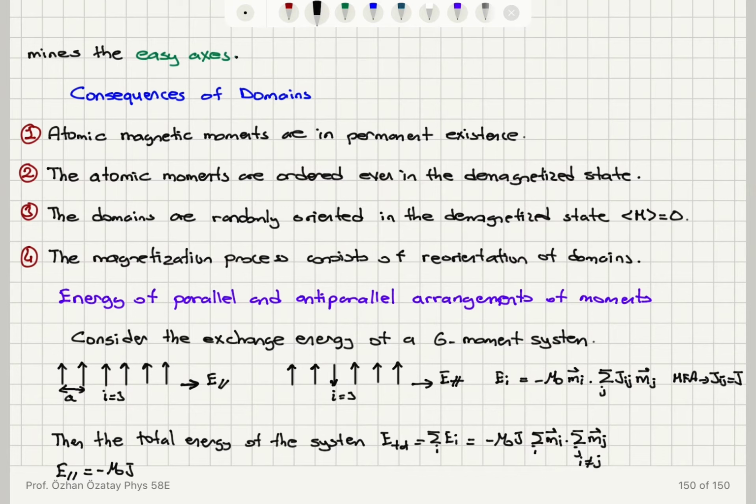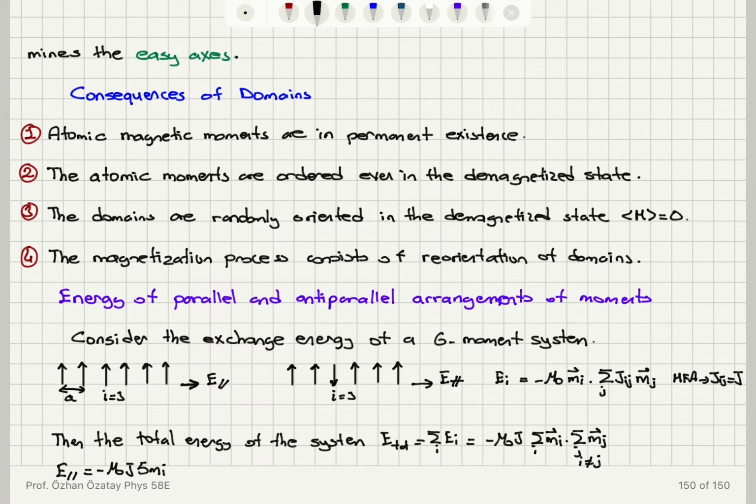So if I write E1, it's going to be equal to minus mu 0 J m squared times 5. So it's going to be minus mu 0 J 5m squared. So that's for the first one.